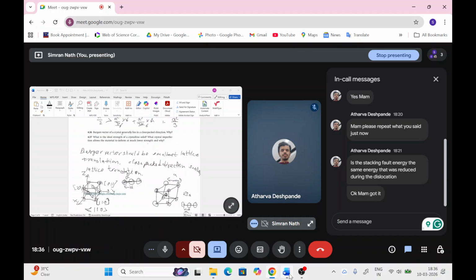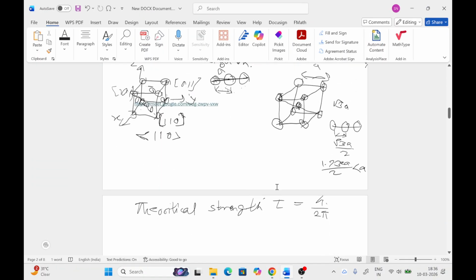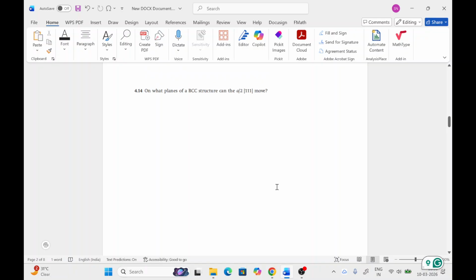Okay, so the next question we have asked: on what planes of a BCC structure can the a by 2 111 dislocation move? First we draw the BCC structure.